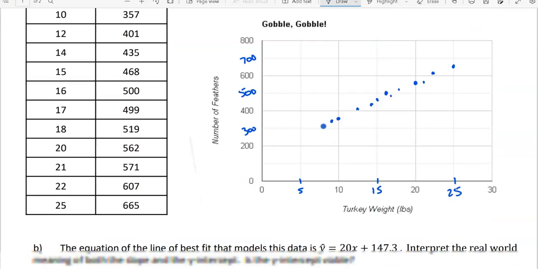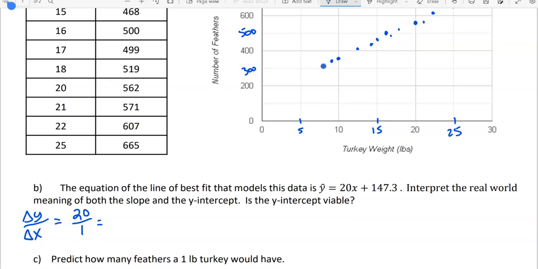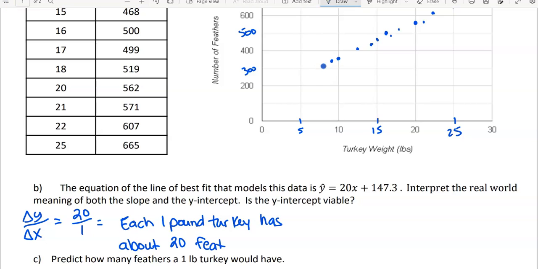So that's saying for every 1 pound, each 1 pound of turkey has about 20 feathers, is what that slope is saying. So each time we go up in weight by a pound, we are also increasing by 20 feathers.